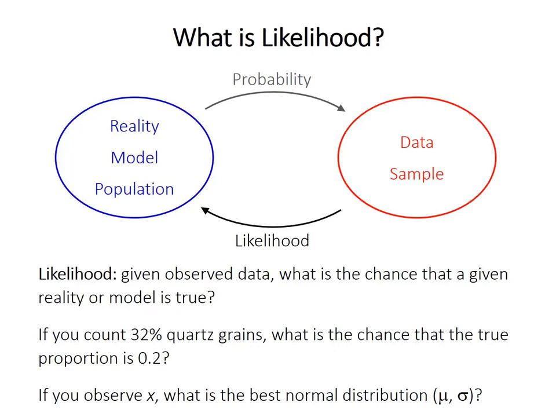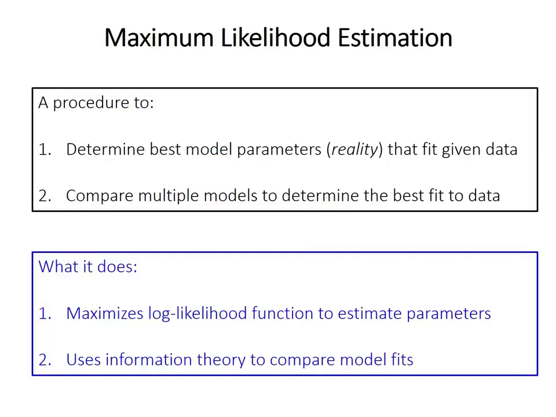So that's likelihood. Maximum likelihood estimation has two goals. First, it determines the best model parameters, the most likely reality that fits a given set of data. So this is the likelihood part. We want to find the most likely parameters, the most likely reality or model for the given set of data.